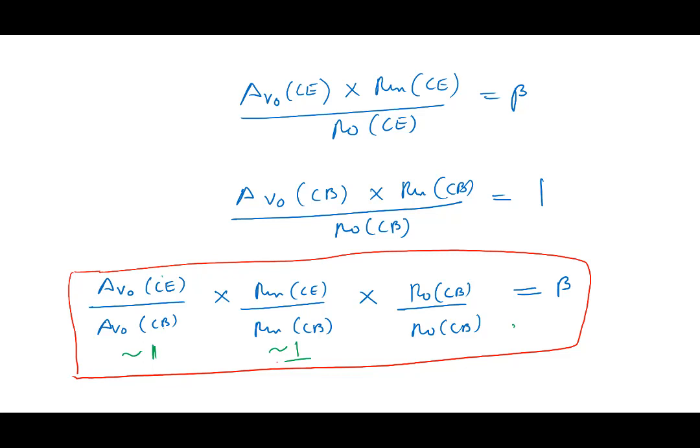Then what is the advantage? Common base amplifier will give you 100 times higher output resistance. 100 times output resistance meaning it's a bad thing, right? So either way you see, common emitter is superior.